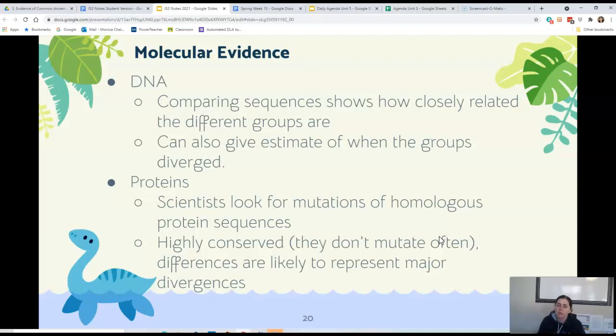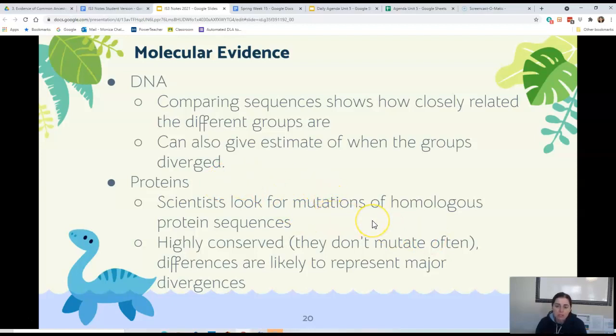It can also give you an estimate of when those groups diverged. And diverged means when they were the same, and then something happened that caused one group to branch off into a different group altogether. And we can tell that with the DNA because how many differences indicate kind of how far back the divergence occurred. More differences mean it happened longer ago.